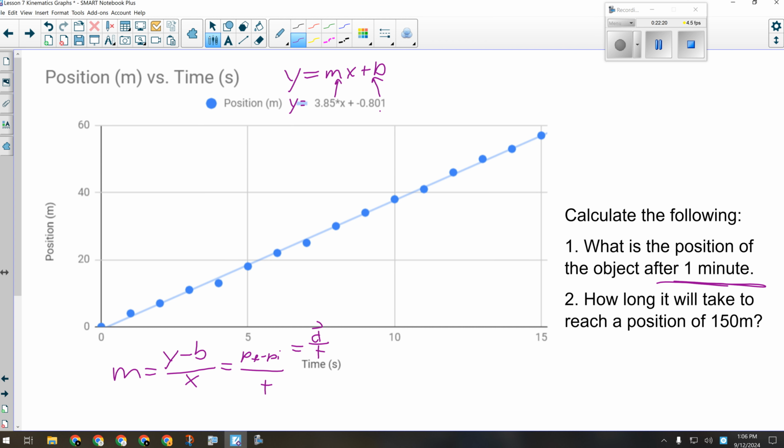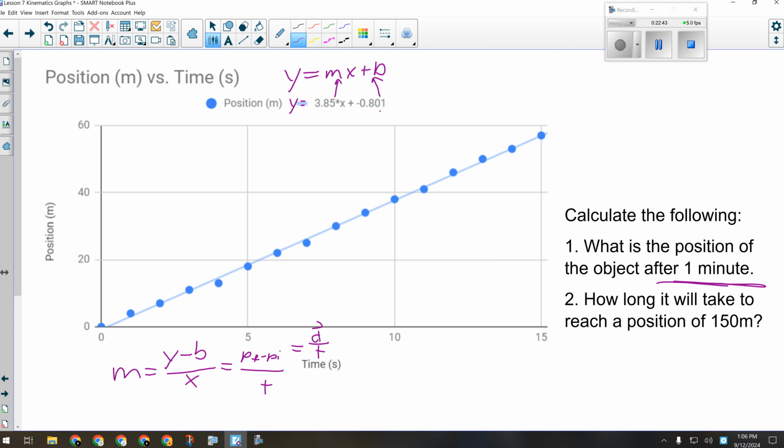How do I know the 1 minute is the x value? It's time. Time is on the x-axis. So if a question gives me a value that corresponds to one axis or another, that's where I put it in. Time is on the x-axis, so I substitute in 60 seconds for x, and then I solve for y.